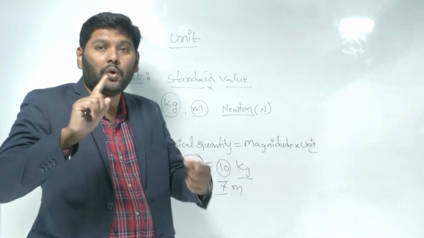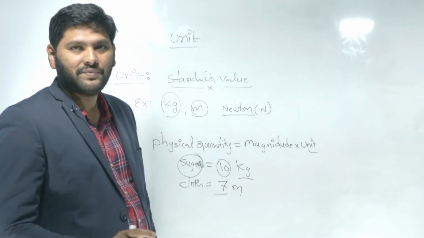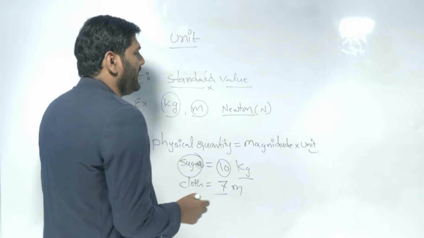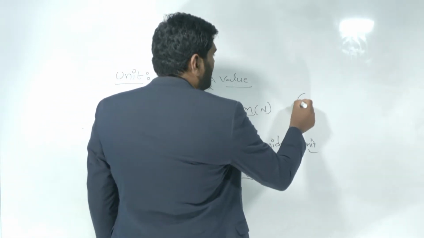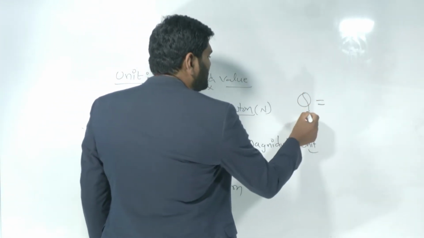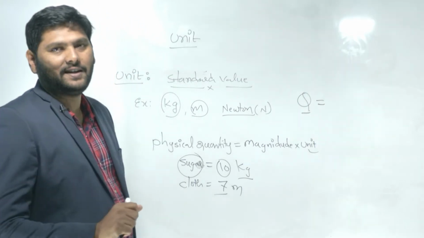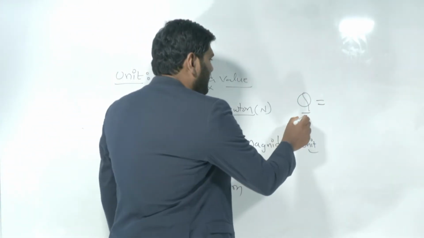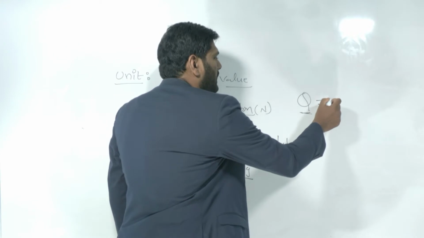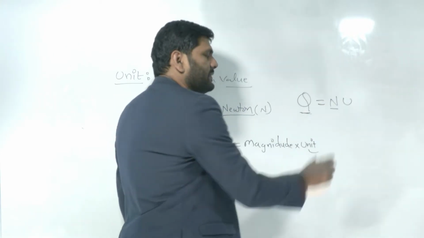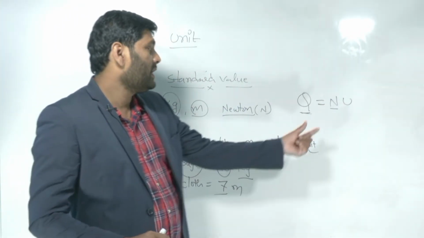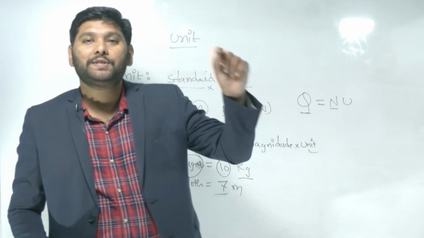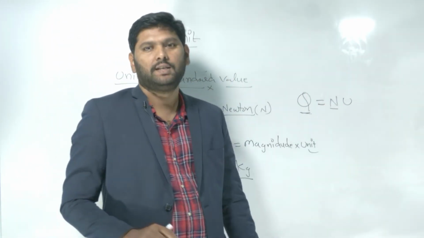So finally, how do you write a general formula? You can write the general formula this way: Q is equal to n into u. Here Q stands for the physical quantity, n stands for the magnitude, and u stands for the unit.